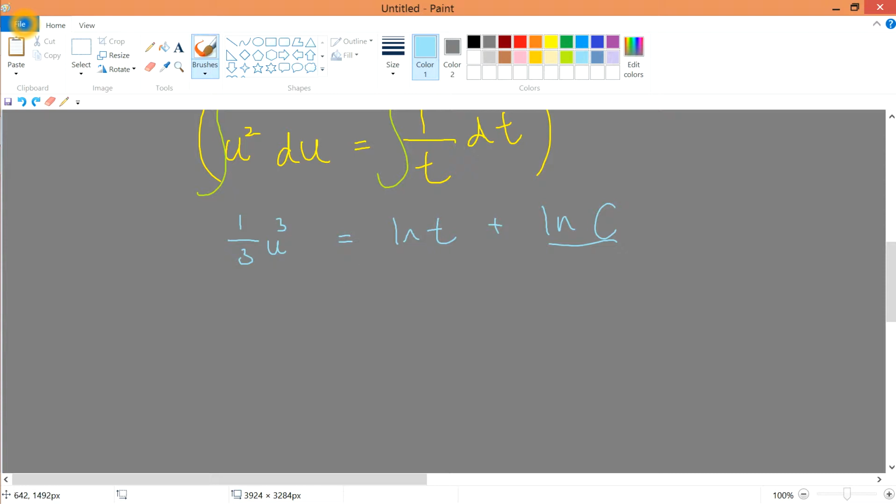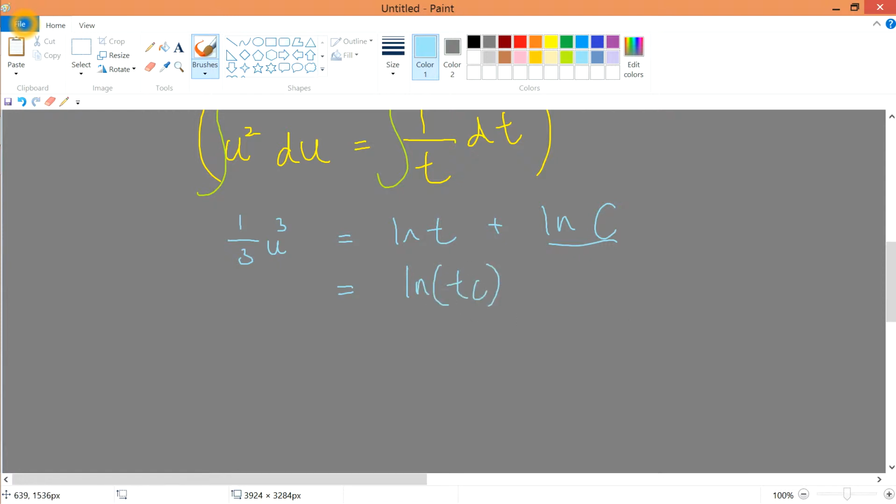And therefore now we're going to rearrange this ln tc. If you remember the logarithm rules, ln A plus ln B is equal to ln AB. This is the meaning of it, right? And therefore we have ln tc.